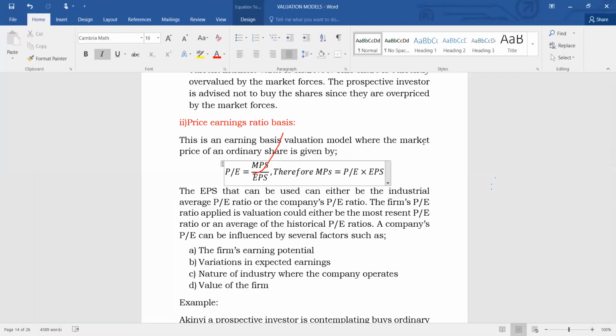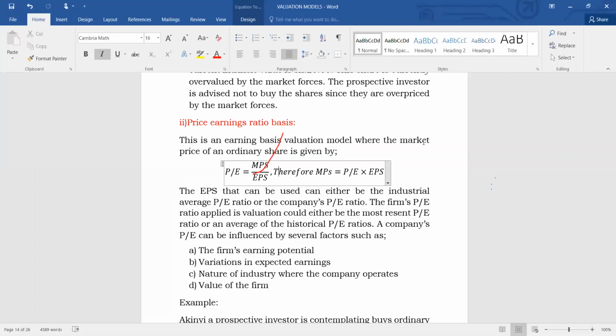But one thing that we need to appreciate when we are using this model is that in a situation where you have a series of historical earnings of a company over the last 5 years, over the last 10 years, and therefore you can capture the historical earning per share, then when valuing a share using this approach, you need to work out the average earning per share.